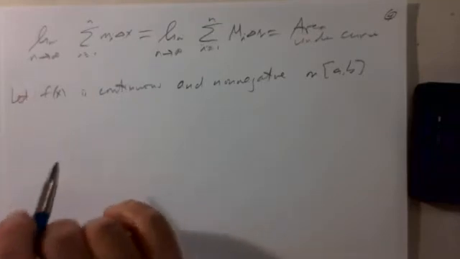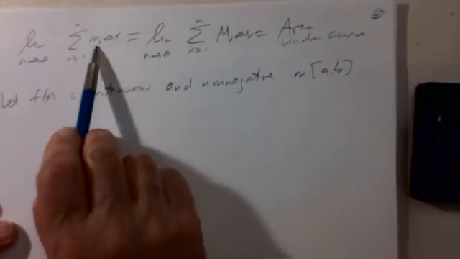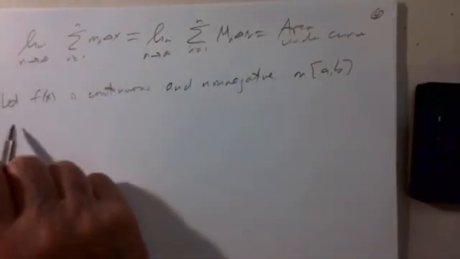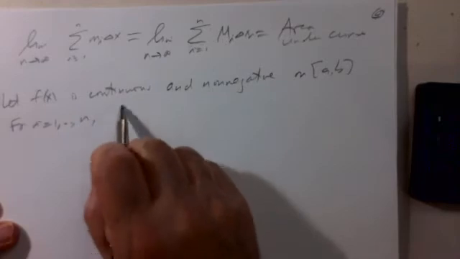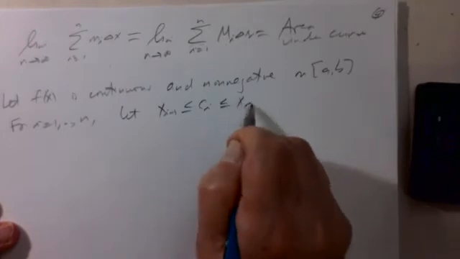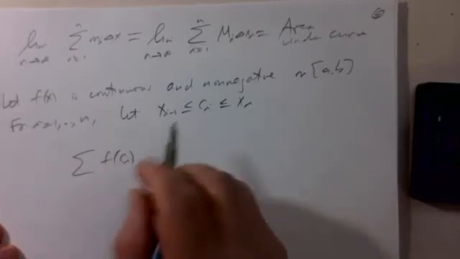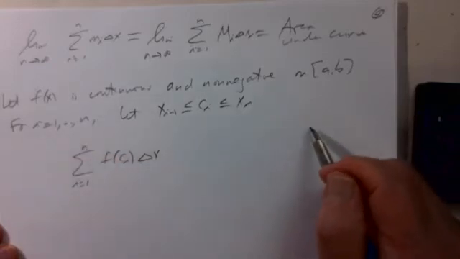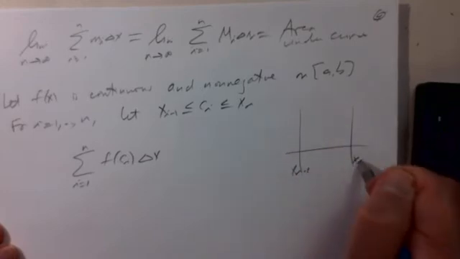And we can actually generalize this a little bit. Here in each interval, we're choosing the smallest value of the function. Here we're choosing the largest value of the function. Suppose we have, for i going from 1 to n, let c sub i just be any number between x_{i-1} and x_i. We can form the sum of f of c sub i delta x, i goes from 1 to n. So the picture is, here's x_{i-1} and x_i.